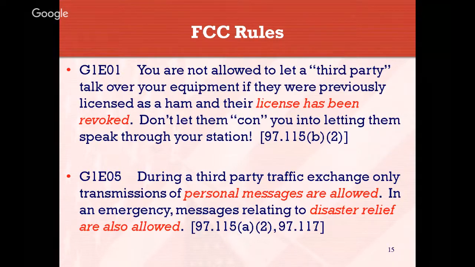In a disaster relief situation, those are allowed as well, third party, if earthquakes and things like that. It's part of the relief efforts for foreign countries while they're recovering from their disaster.